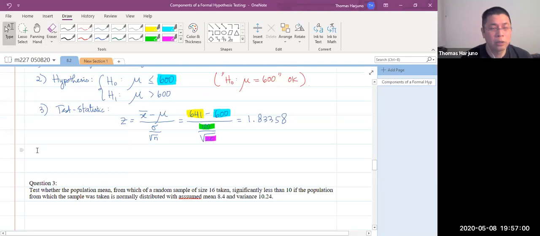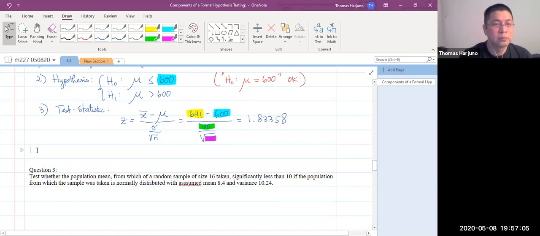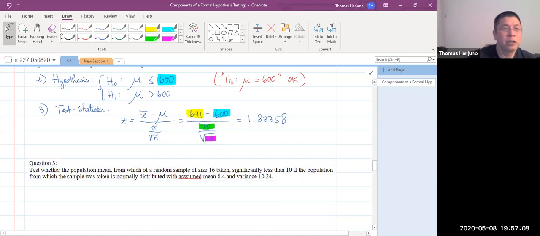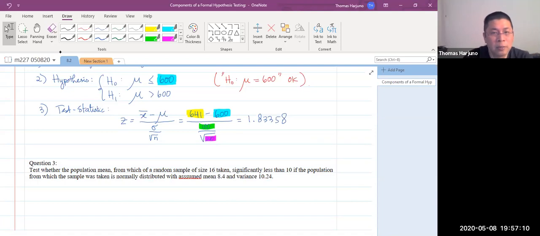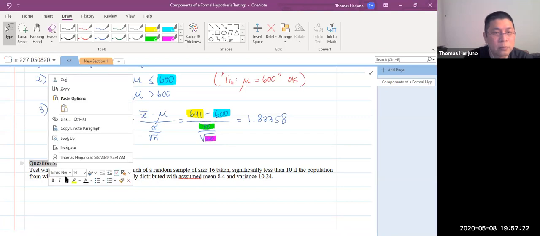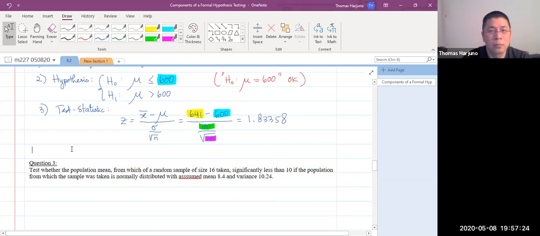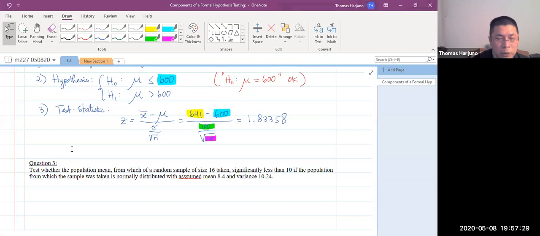Okay, let's go on with question number 3. Test whether the population mean from which a random sample of size 16 is taken is significantly less than 10, if the population from which the sample was taken is normally distributed with assumed mean 8.4 and variance 10.24.